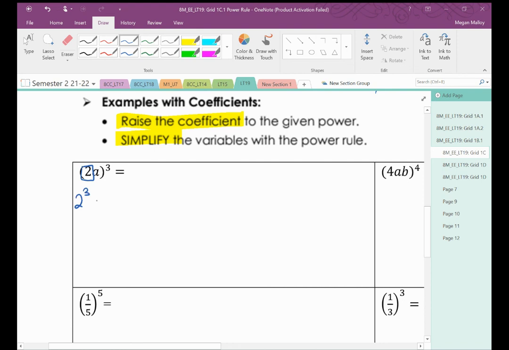And then I'm going to simplify my variable. Now currently my variable has an exponent of 1. 1 times 3 is 3. So this would be 2 to the third power times a to the third power. If you wanted to simplify that even more, it would be 8 times a to the third power.